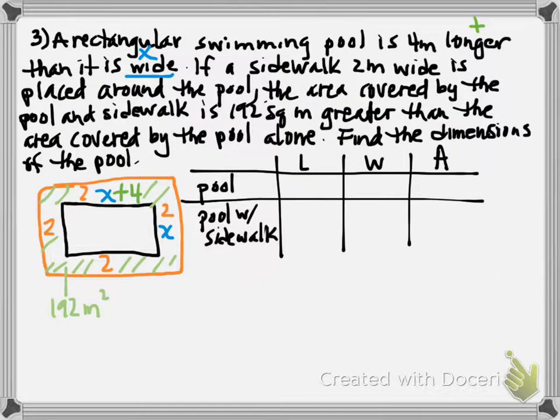Okay, so the pool has the dimensions of a width of x and a length of x plus 4.